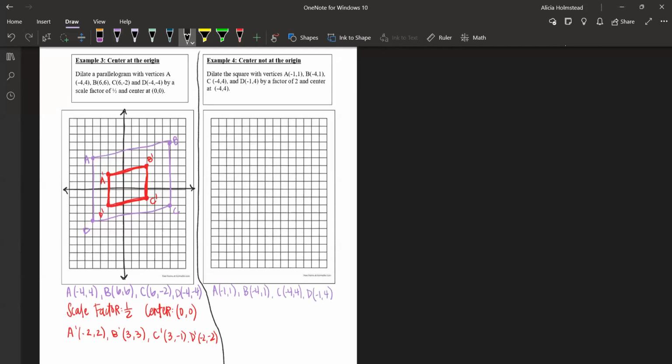Again, I'm going to put my axes more so in the middle for this one.